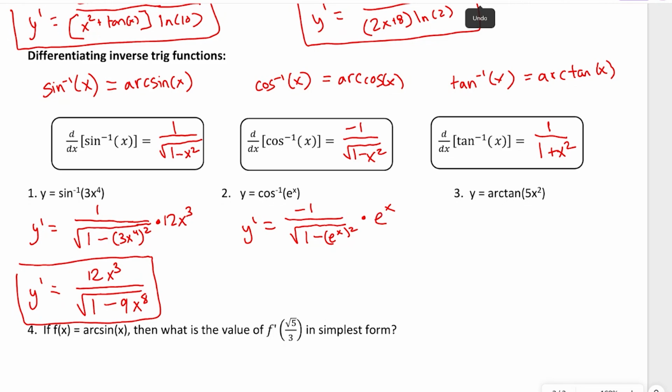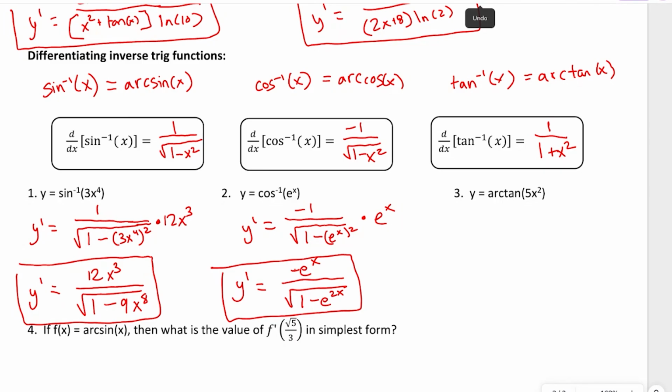If I were to rewrite it, it would come out as negative e to the x over the square root of 1 minus e to the 2x. Anytime you raise a power to a power, you multiply those powers. So here is the simplified version of that.